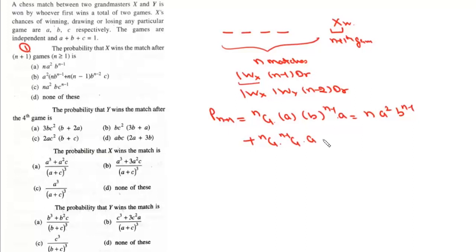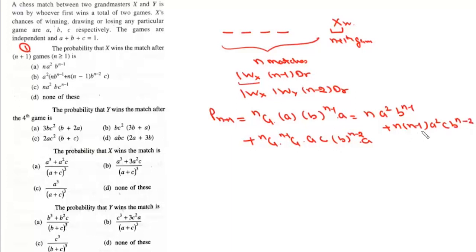Now this is A, this is C, B to the power n minus 2 and again the n plus 1th win A, so plus n minus 1 A square C B to the power of n minus 2.